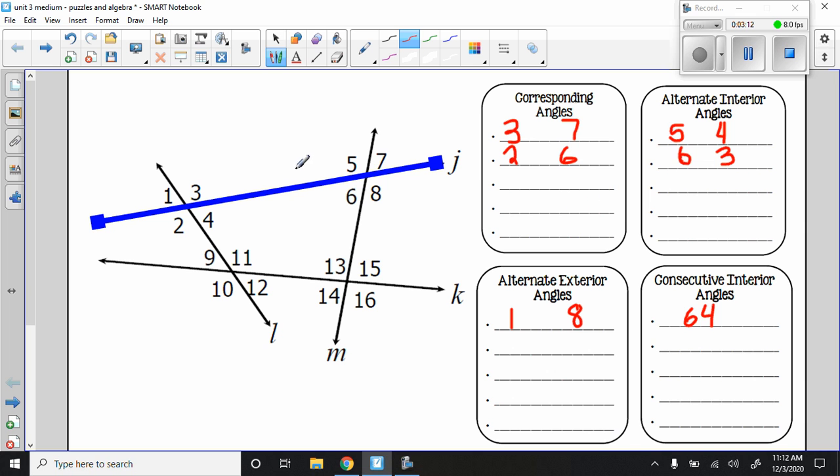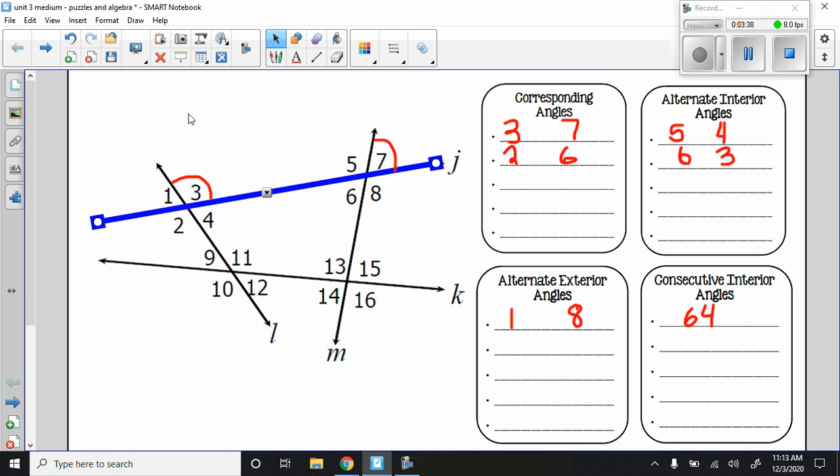So how does this not work? Let's look at angle 3. That's a top right position. You can only look at one bridge at a time. You cannot jump off it. So looking at this bridge, 3 and 7 are corresponding.